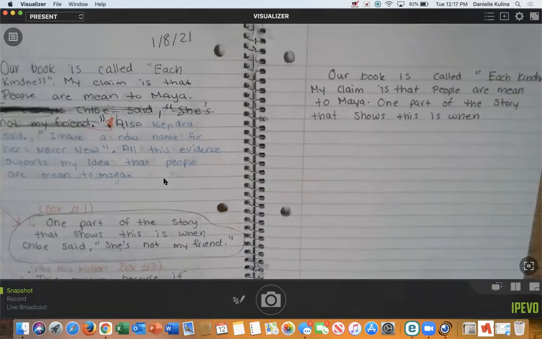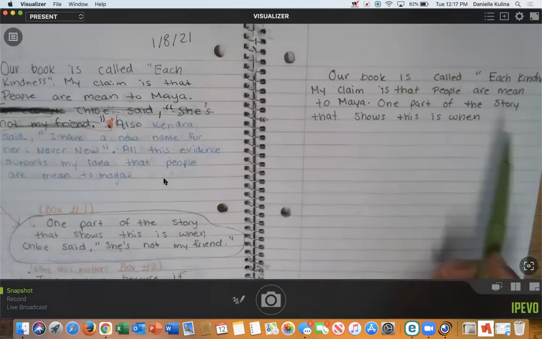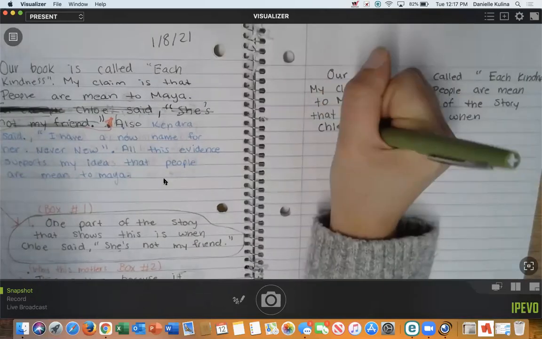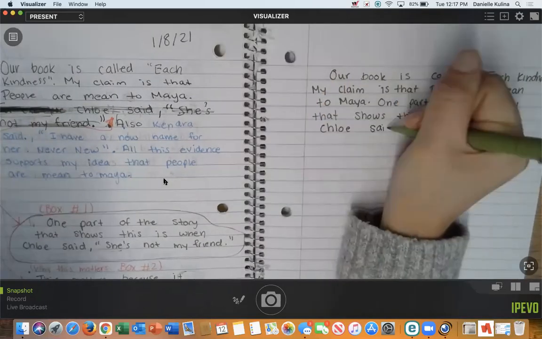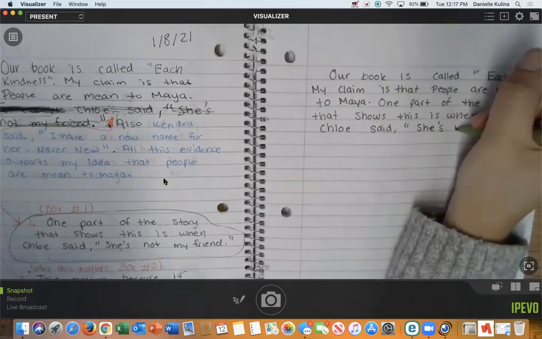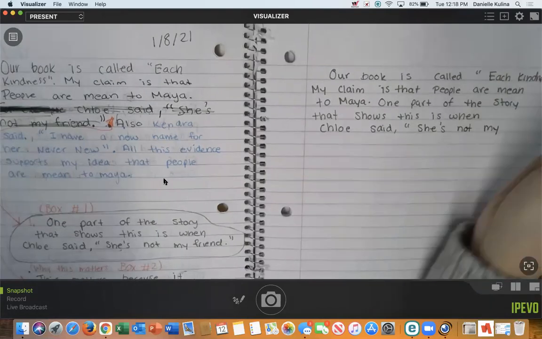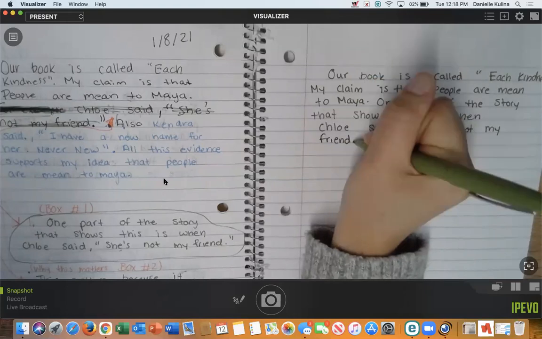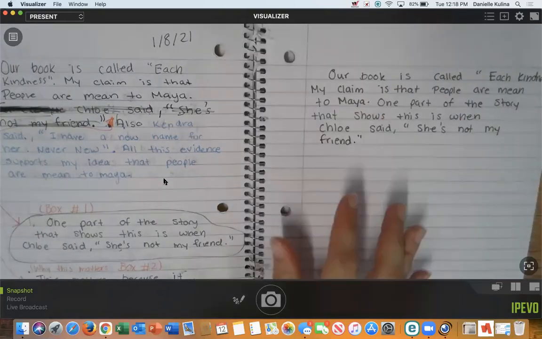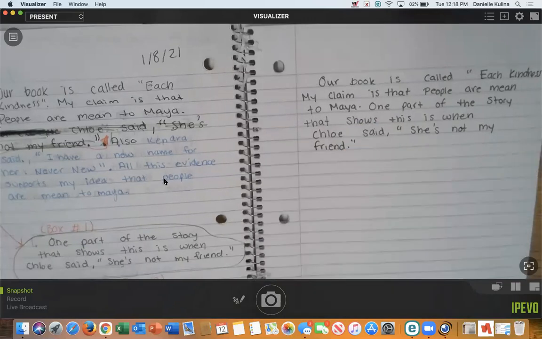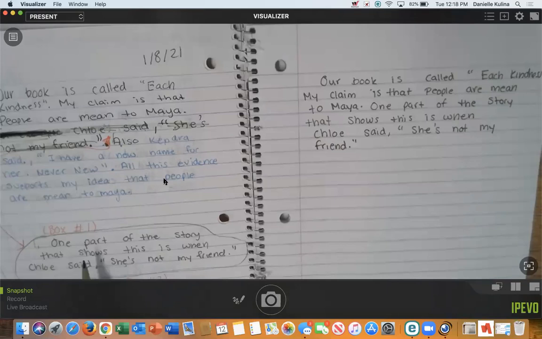One part of the story that shows this is when Chloe said she's not my friend. Okay, so go ahead and write this down because we remade the sentence to make it sound nicer. We added this transition, okay?